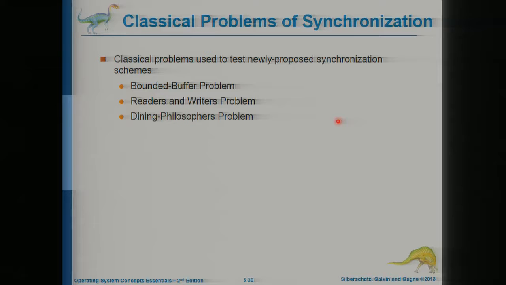This is the dining philosopher problem. Actually, in operating systems, we are talking about resources. In terms of resources, they have talked. We'll understand each of these in detail one by one now, and how we can solve this using semaphores.